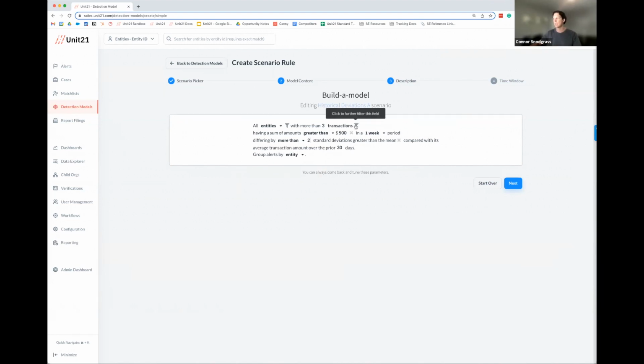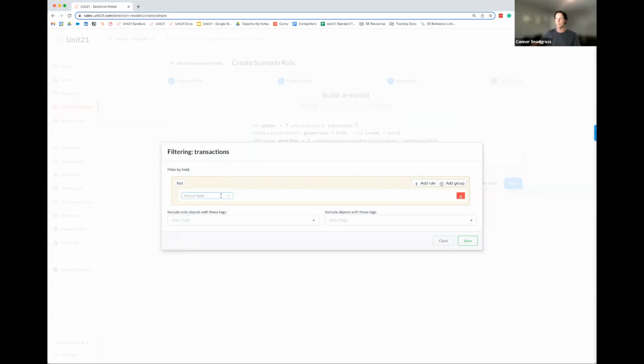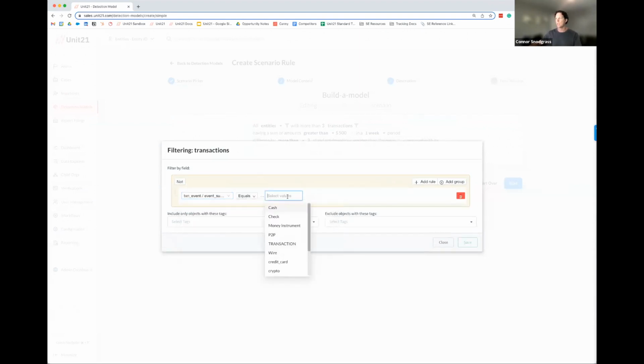And we can add additional filtering. So like Alex was saying, we could add that we only care about cash transactions, for example, when we're writing this rule. We can use any of the data that you're providing us to look at very, very specific types of transactions.